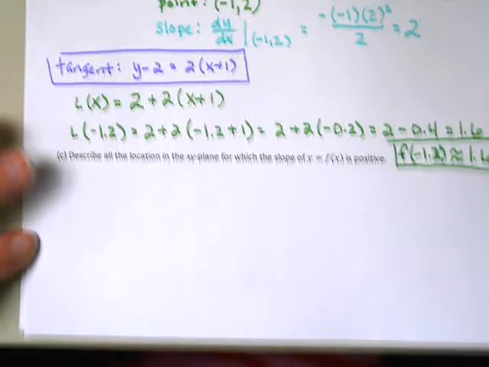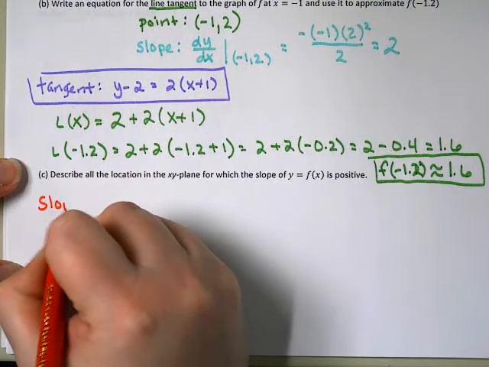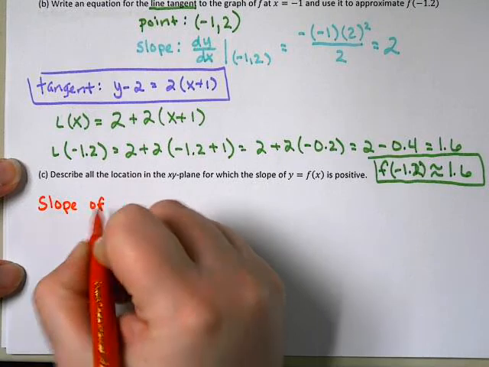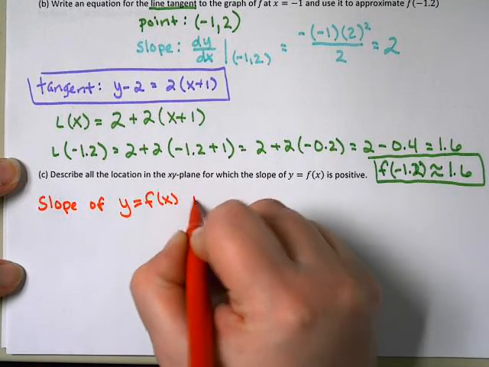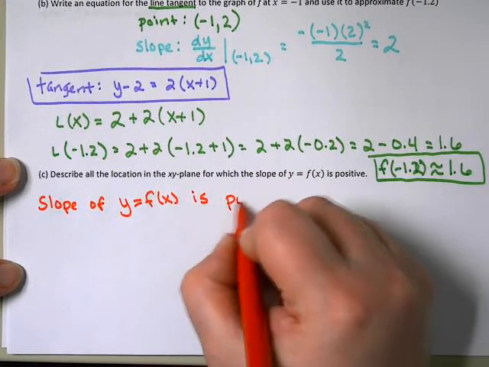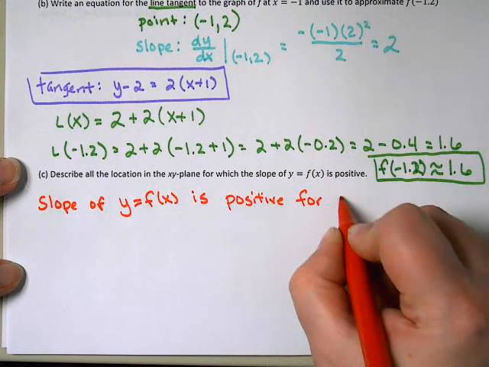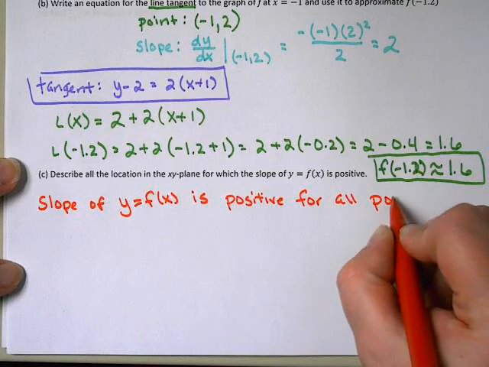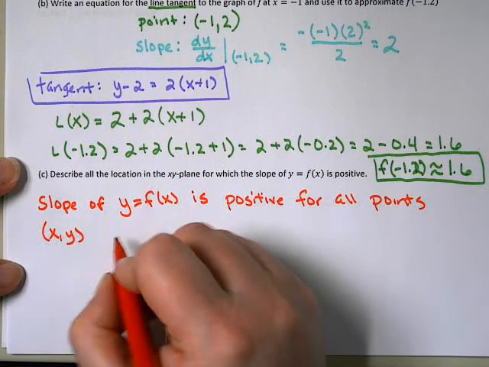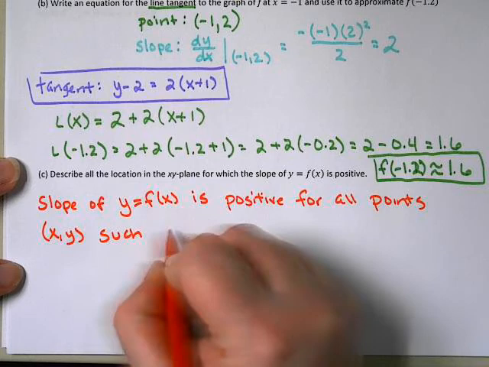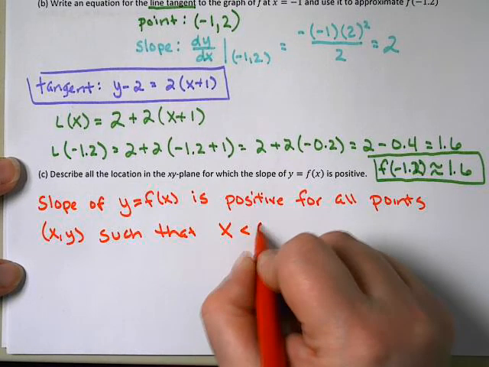Let's take a look down here. So the slope of y equals f of x is positive for all points xy such that x is less than 0.